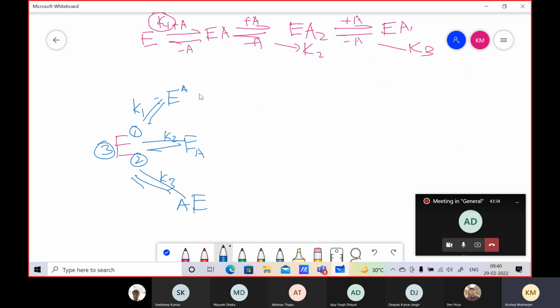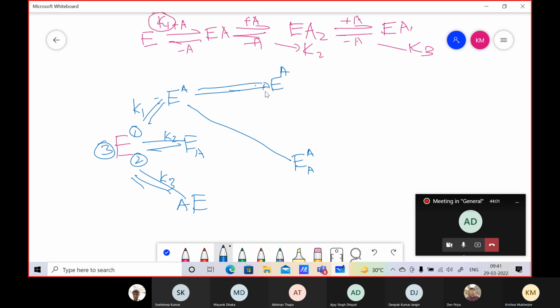And then EA here can become, whatever. Can you tell me what it can become? It can become EAA. So this binding constant, and I mean, I will get tired drawing the reverse.